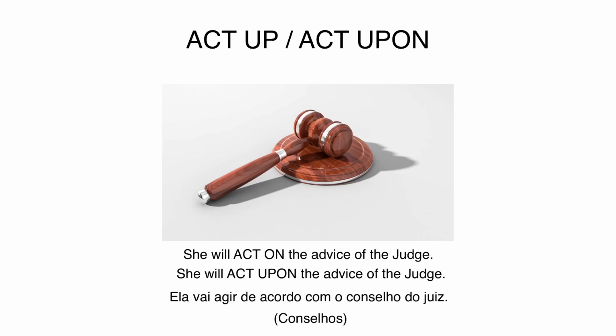Então, o que está falando é que ela vai fazer o que o juiz falou, vai tomar o conselho do juiz. Act on and act upon both mean in this situation that you're going to do something based on advice. So in this case, the lady is going to take the advice of the judge.